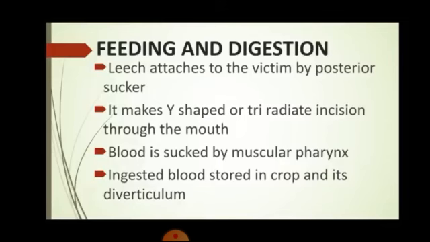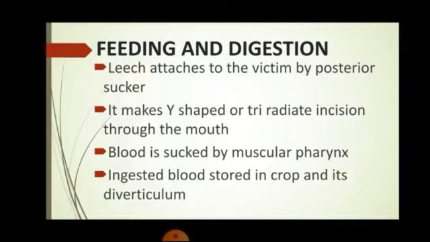When the blood is being stored, leeches create an anticoagulant, that is hirudin. This hirudin stops the blood from clotting. Once the blood sucked from the host is taken into the mouth of the leech, it should not undergo clotting.